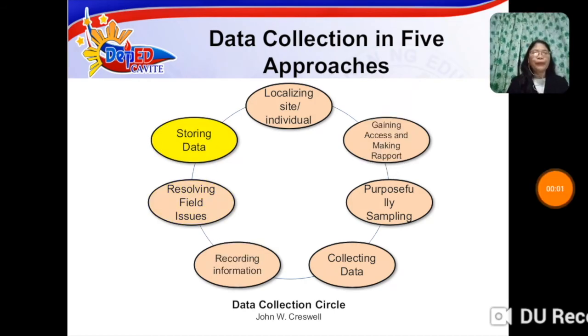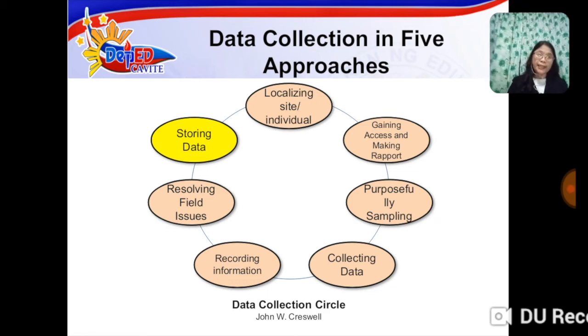Okay. And for the last step, which is how information is typically stored. For the narrative, we are going to use file folders, computer files, or we can use now the Google Drive, as well as in the peno, grounded, ethno and case study. However, in the phenomenology and grounded theory, you are going to keep or store through transcription and the computer files.